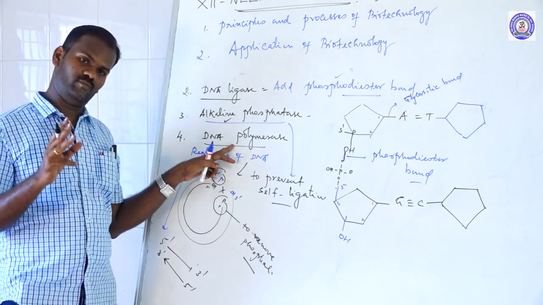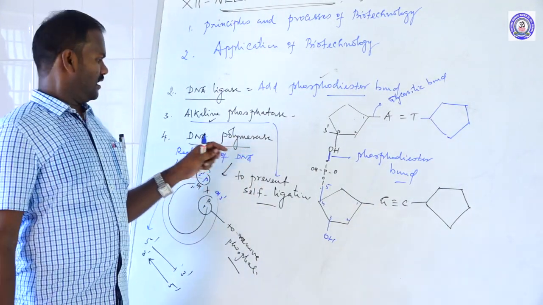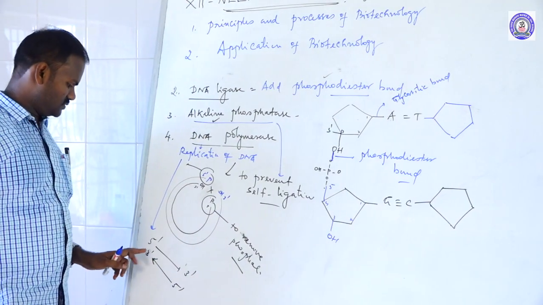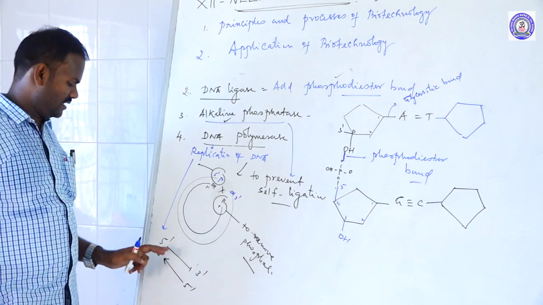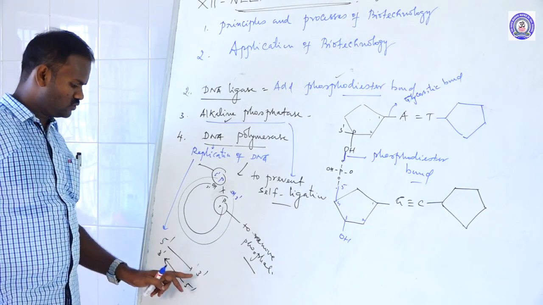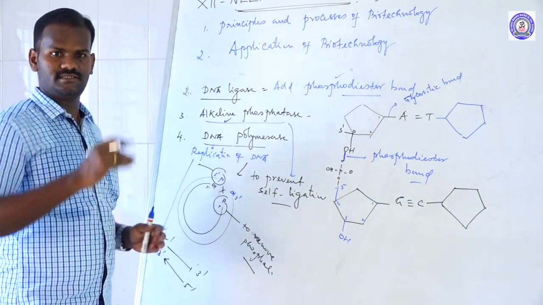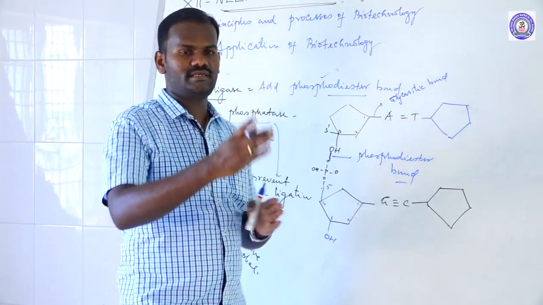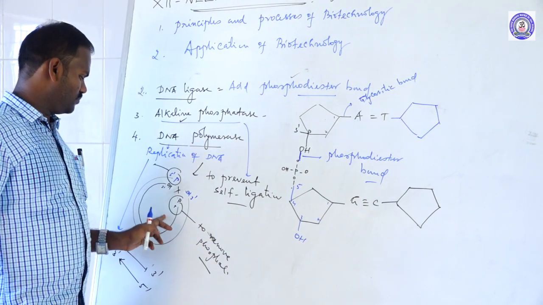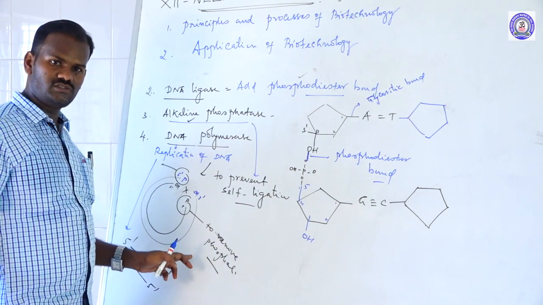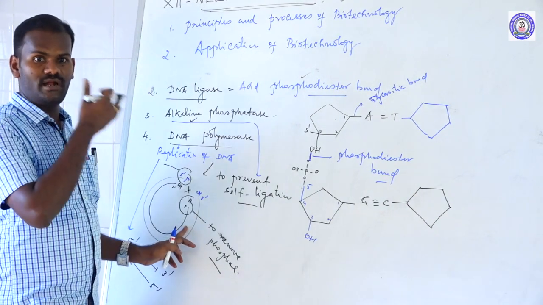There are three types of polymerase: DNA polymerase 1, 2, 3. These enzymes catalyze the replication of DNA from 5' to 3' and 3' to 5' in opposite directions. Once the DNA plasmids are introduced into the host organism, they get replicated using the DNA polymerase enzyme.